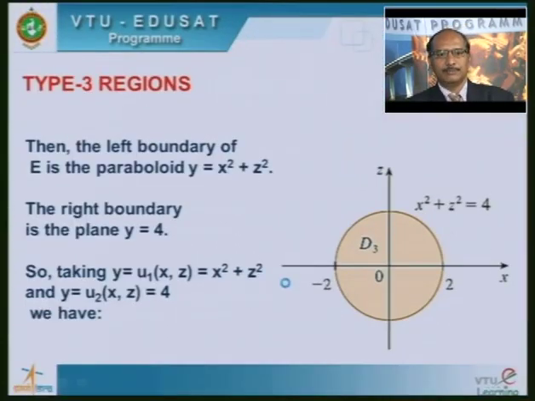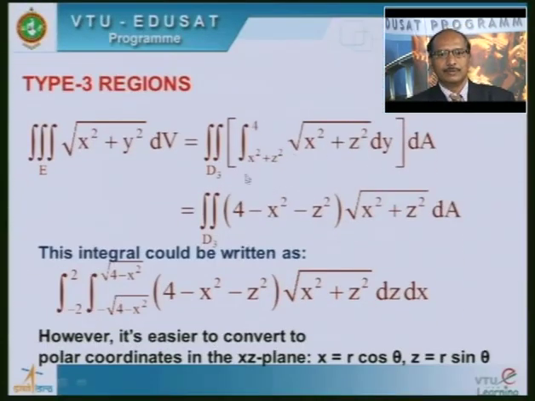So, in the integration, the y limits are taken from x square plus z square to 4, then its projection on the zx plane. So, D is in the zx plane, it is a circle, as also discussed.